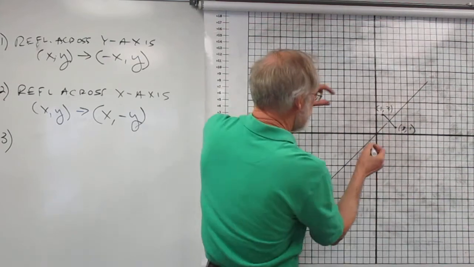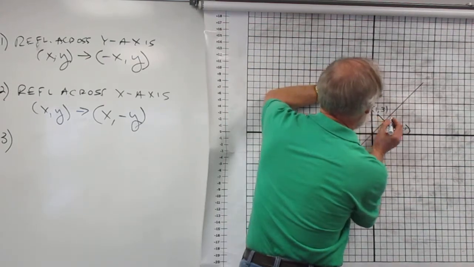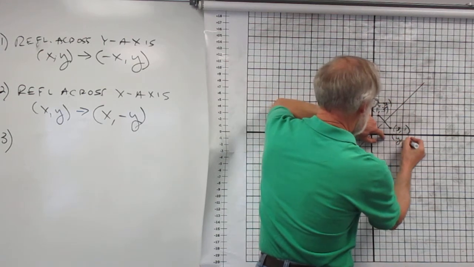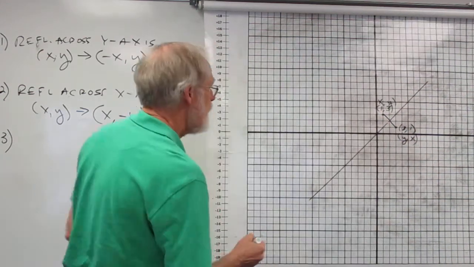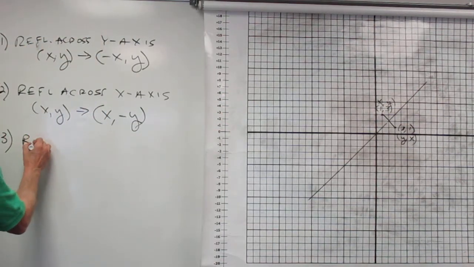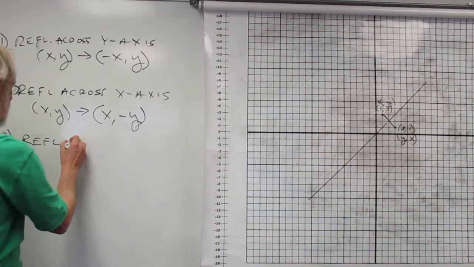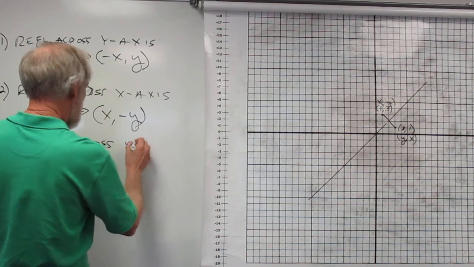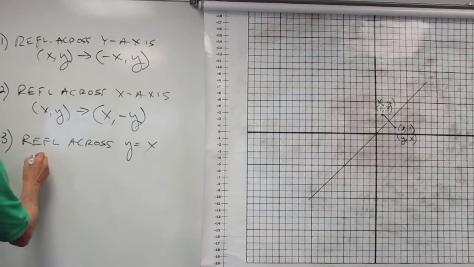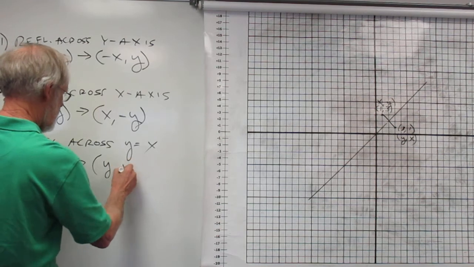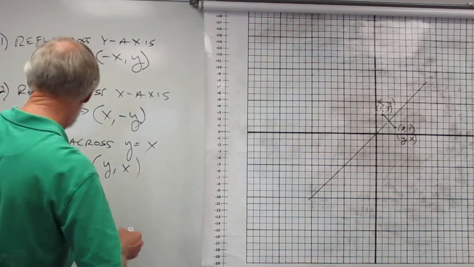So 1, 3 went to 3, 1, and what that means is x, y went to y, x. So the x and y reverse positions. So a reflection across the line y equals x went from x, y to y, x. All right, rule number 3.